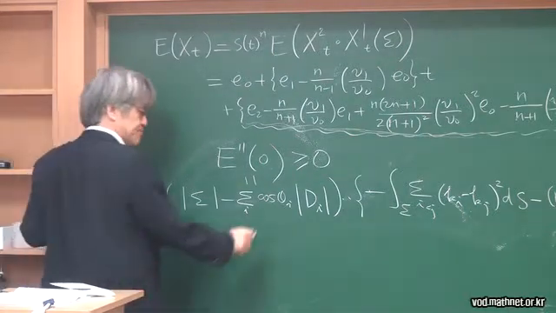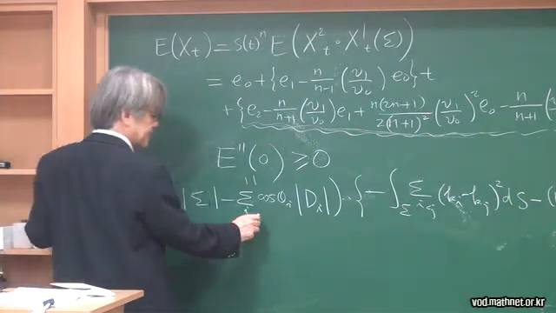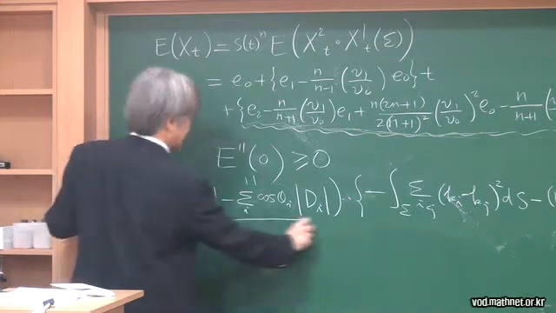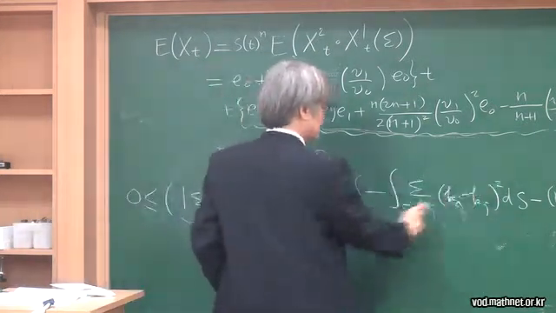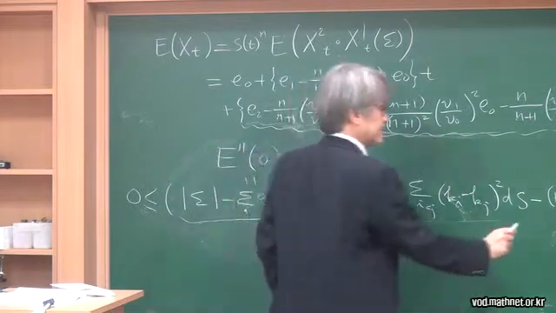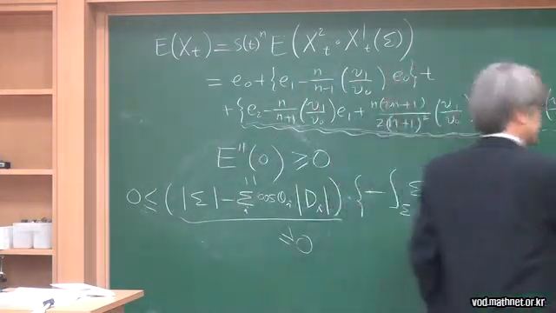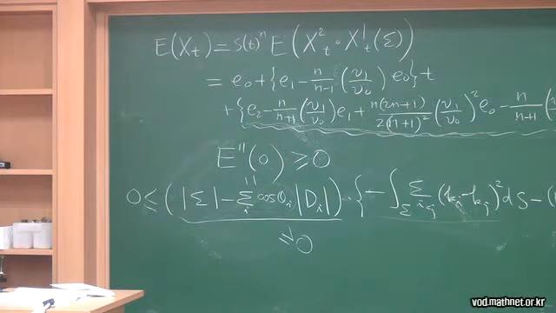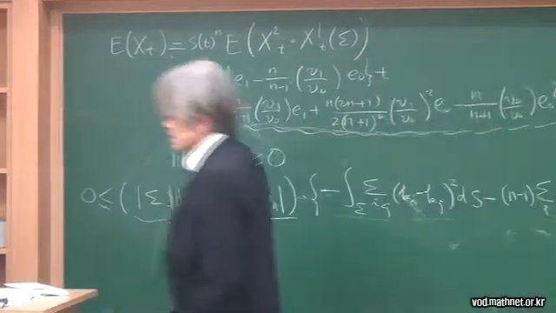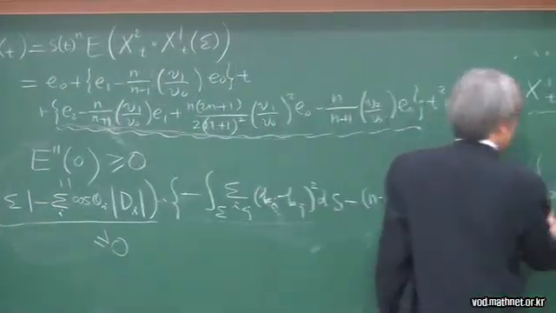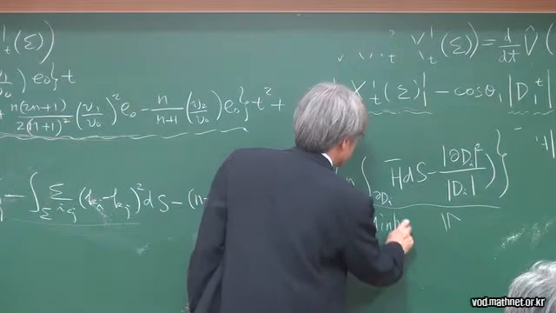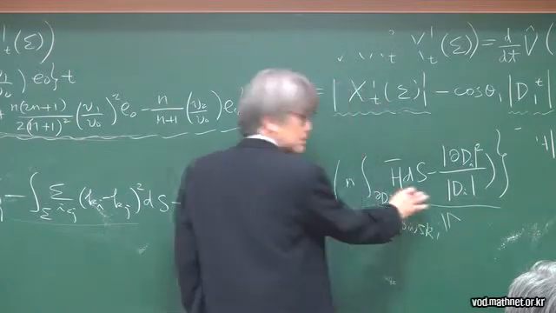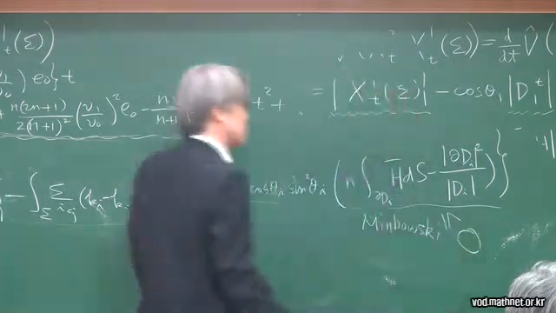But by our assumption, the contact angle is bigger than 90 degrees, so this is negative, so this factor is positive. And this squared term, so this term is negative. And you have a minus sign here. And this is minus. But for this factor, we have the Minkowski inequality. Minkowski proved that this quantity is negative.